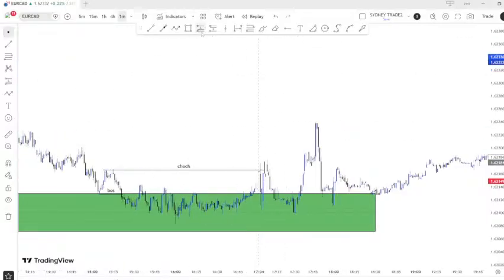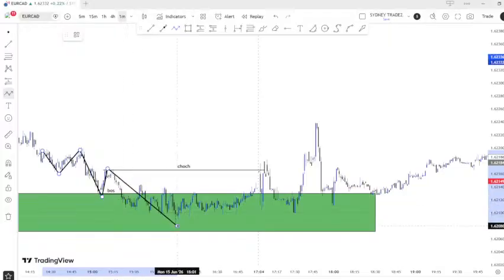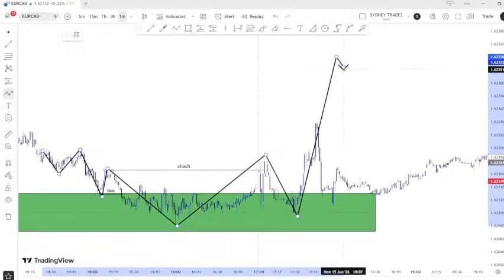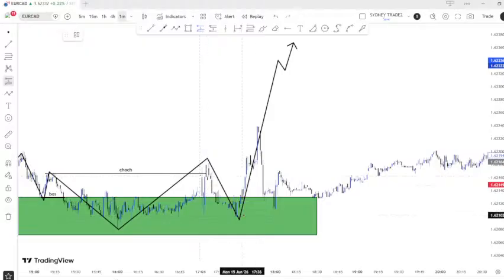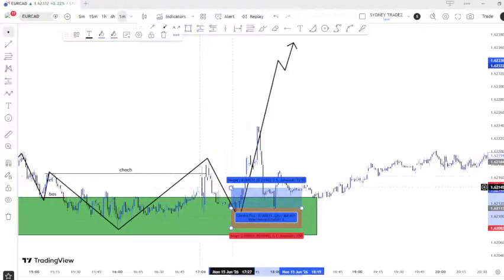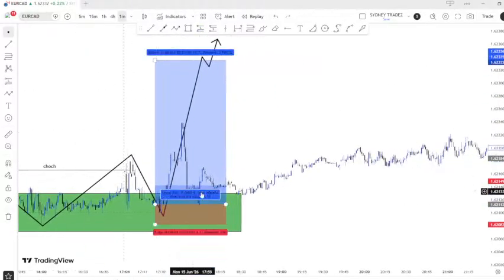And then price mitigates. Now this is how price comes, a break of structure, making lower lows, lower highs, and then this is the extreme lower low. This is a change of character, price mitigates, and it starts going to the upside. And this is where we find our entries, right on this level. Then we dive into the market.